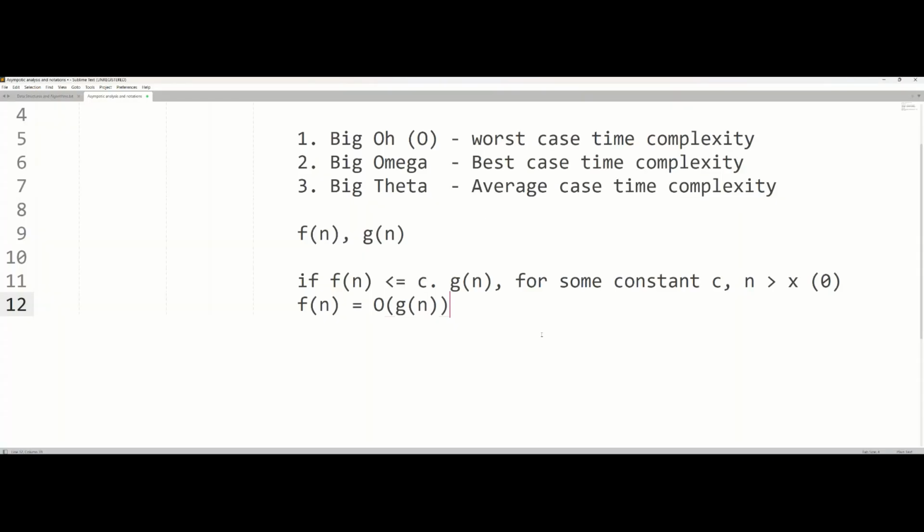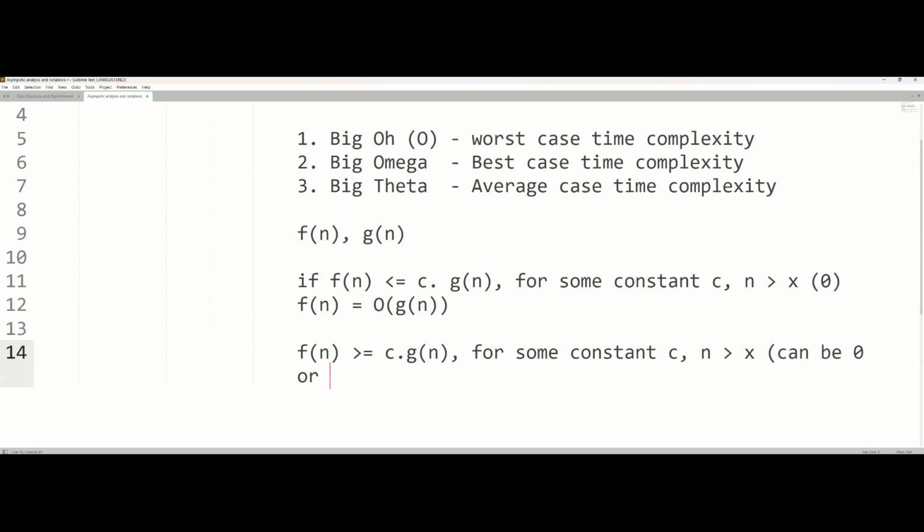Same way for the other one, which is the big omega notation, f of n is greater than or equal to c into g of n. Same way, for some constant c and n greater than some value x, where x can be 0 or any value more than 0, the same case applies here as well.